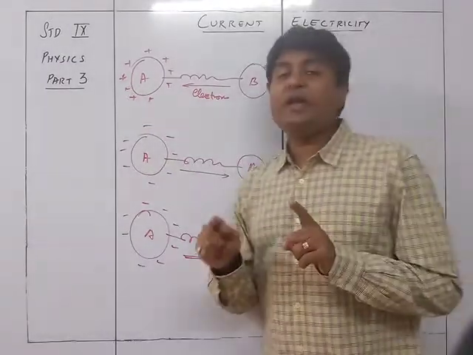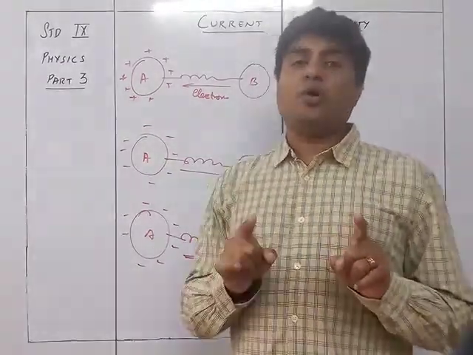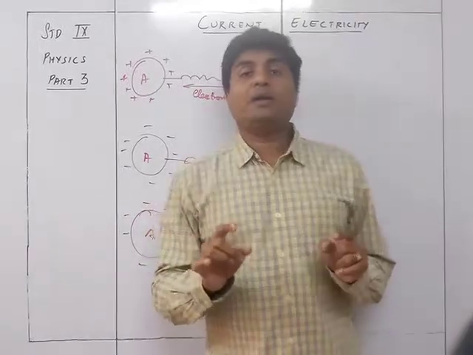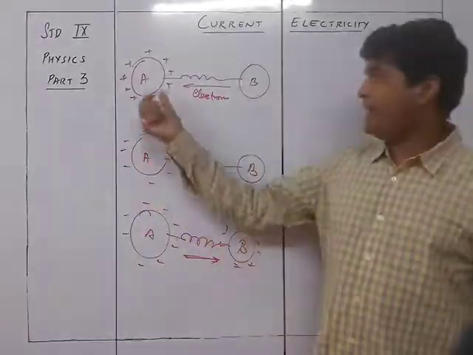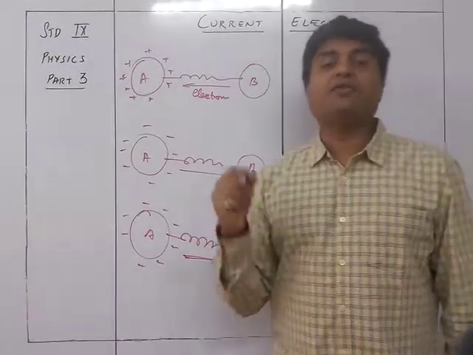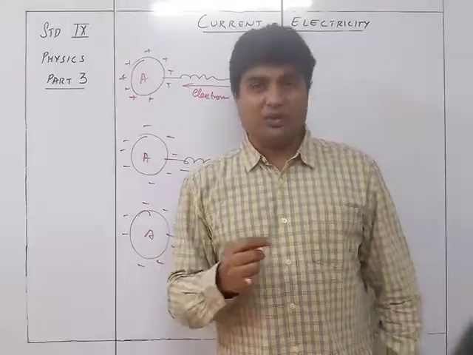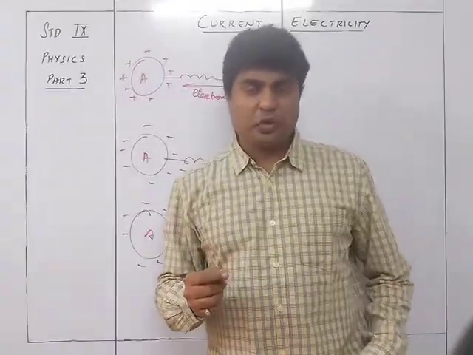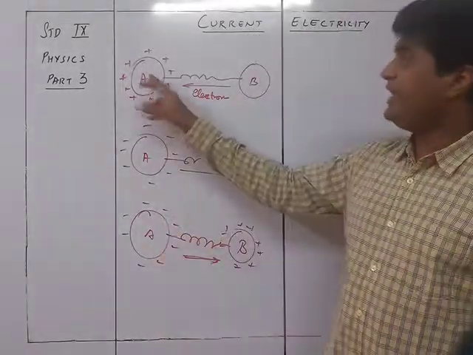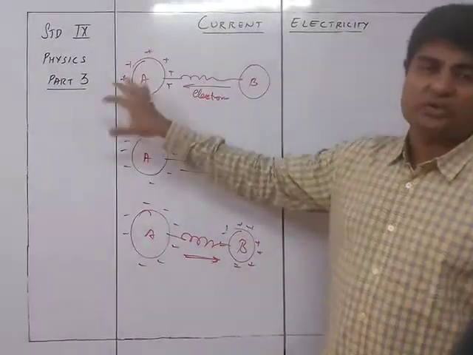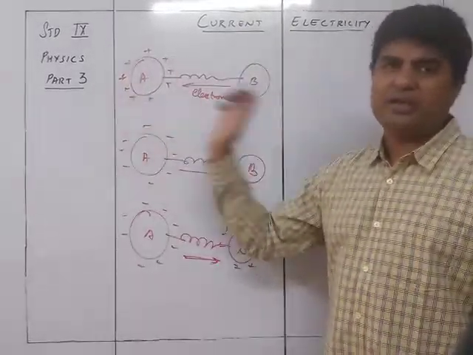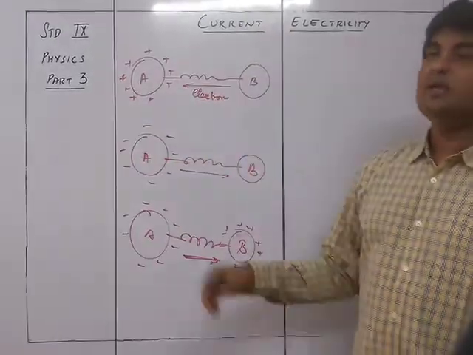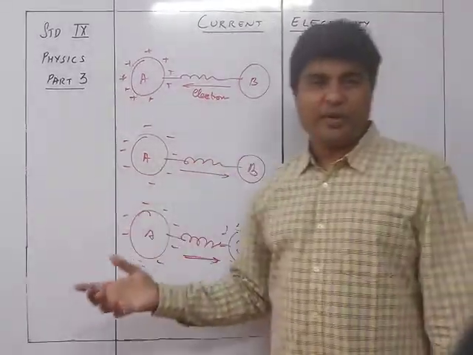So if we are able to keep on maintaining a particular difference between the two ends A and B over here, then the flow of current will be continuously possible. If by some means I keep on adding positive charge to this, so that the electrons from this keep on coming, in that case the current will be flowing continuously.